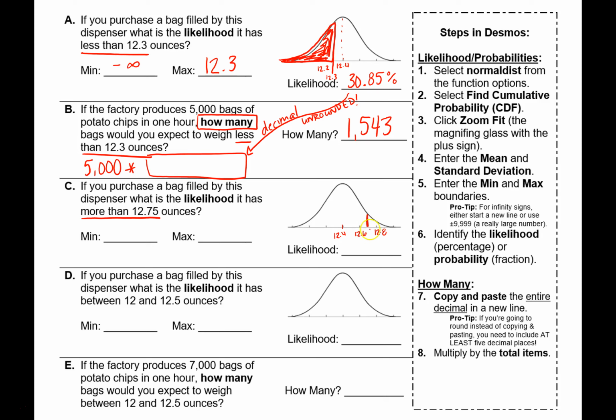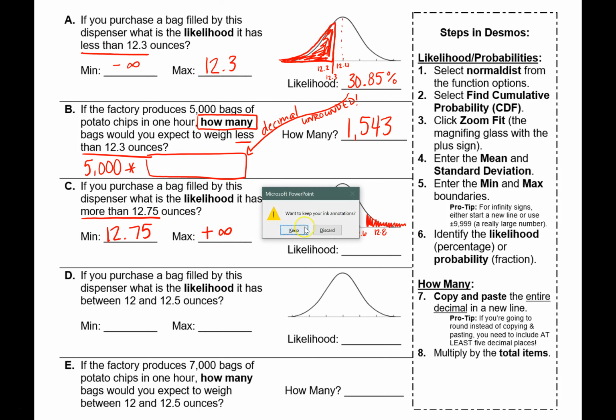And we're looking at more than, so we're shading all the way to the right. That means that our minimum of our shaded area, the smallest x value, is that 12.75, and the maximum, because it goes all the way to the right, is positive infinity.